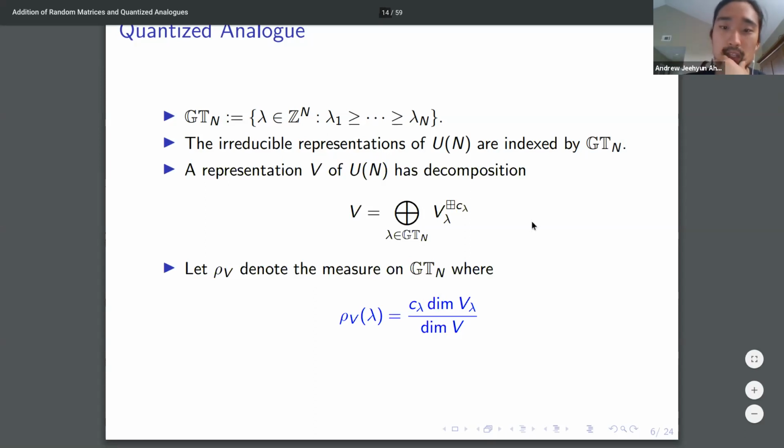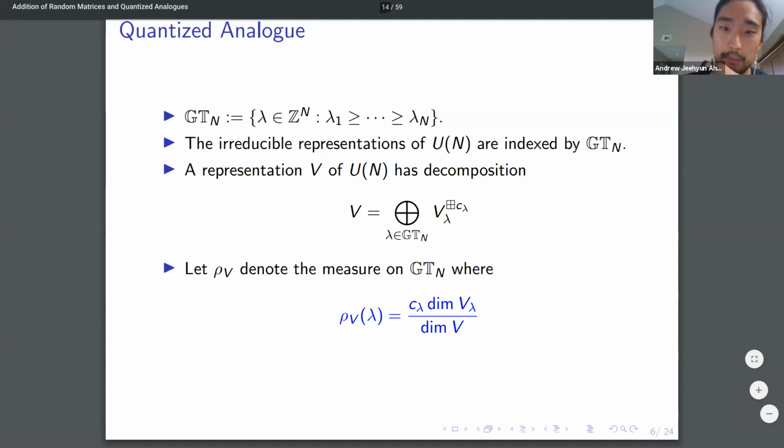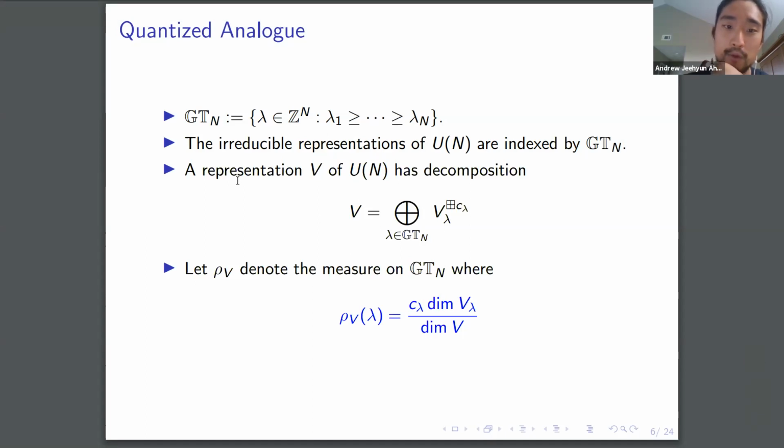To introduce this model, we need some notation. If you have a representation V of U(n), this will decompose into its irreducible representations. C lambda here is just the multiplicity of V lambda.